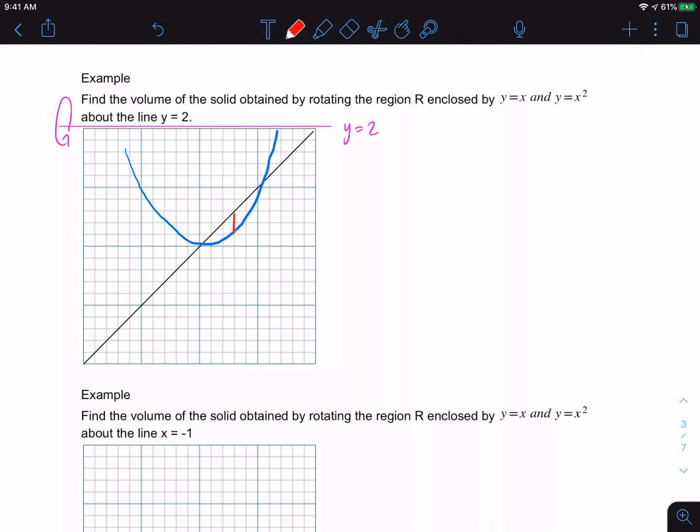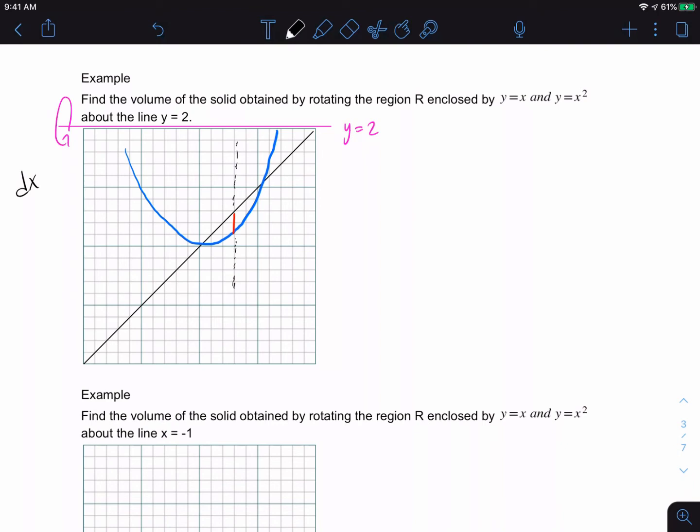Now, here's the weird thing. Is this a dx or a dy? What do you guys think? Yeah, it should be a dx. And the reason it's a dx is because that cross-sectional slice, if I were to extend it, which axis does it cross?